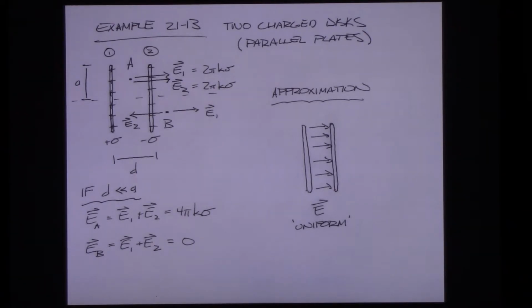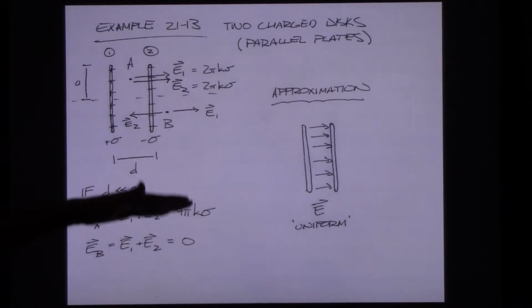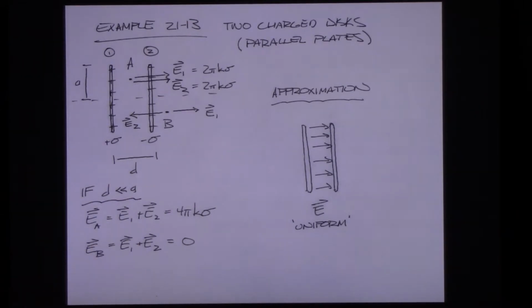And that's only going to work if the two plates are really, really close to each other. Only if the plates are really close are we going to get a cancellation that gives us something close to 0. So realize these approximations are of limited usefulness, but we're going to use them over and over and over.